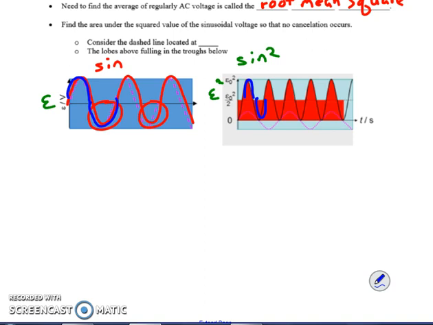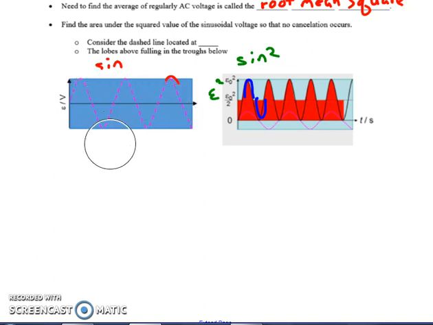So we understood that the average for the first graph between the positive and negative was 0. In other words, it was right along here. The average is this line there. So it makes sense that the average of this squared one is along this line here. So that's why you have a dotted line there. Or it should be a dotted line. It might not look like that on your paper.